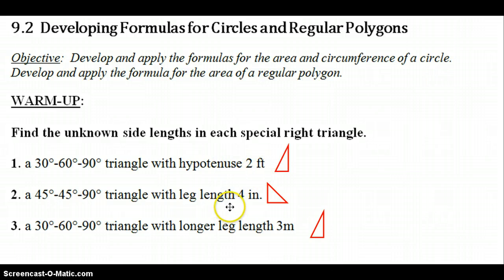Number 2, find the hypotenuse when the leg of a 45, 45, 90 is 4. Number 3, find the hypotenuse and shorter leg when the longer leg measures 3. I'll give you a few moments. I've drawn some pictures here for you. Go ahead and try to find those other measurements. If you can't remember them, we'll check our answers together in a moment.